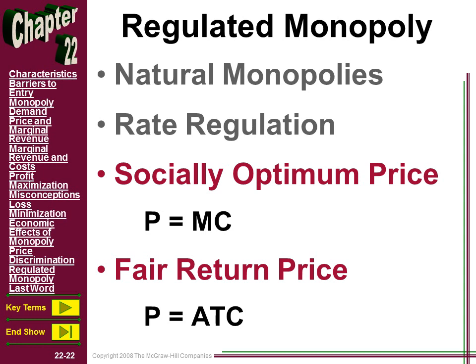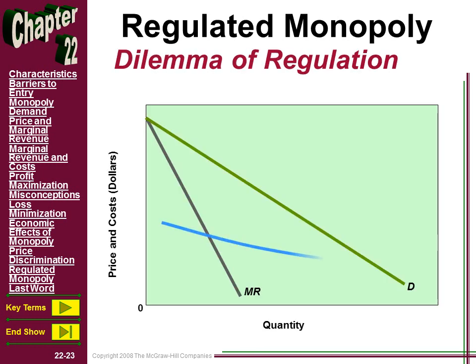Let's look at this graphically. Okay, this is your non-regulated monopoly. Non-regulated monopoly says, okay, we'll produce where MR equals MC, right? QM, and we will charge price PM. Simple enough. We already covered that situation.